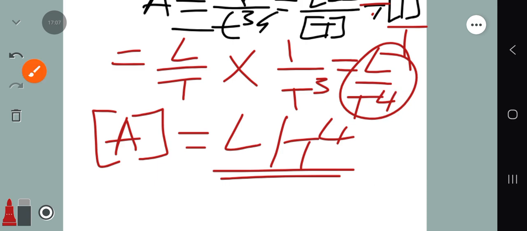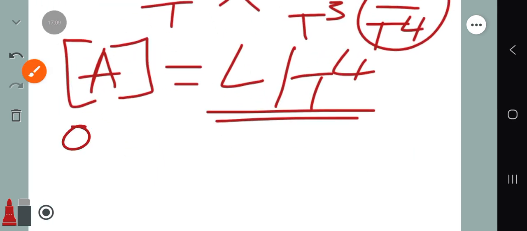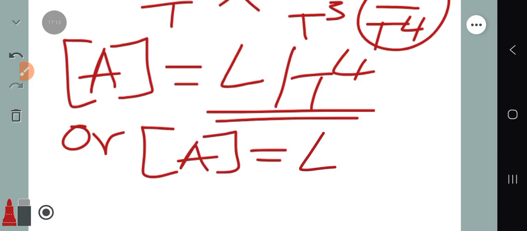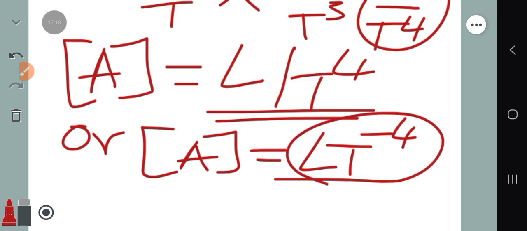So dimension of A equals L T to the power negative 4, right? So that's the answer. It's just a matter of equating this quantity to that, this quantity to that, and making the letter the subject of the formula, and then simplifying. After you simplify, you can take the denominator to be the numerator, and change the sign of the power.